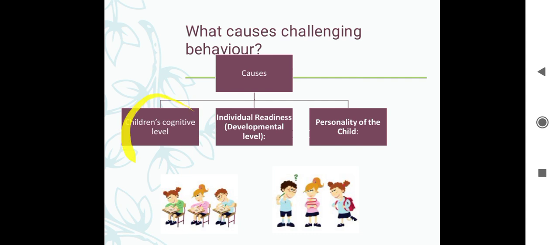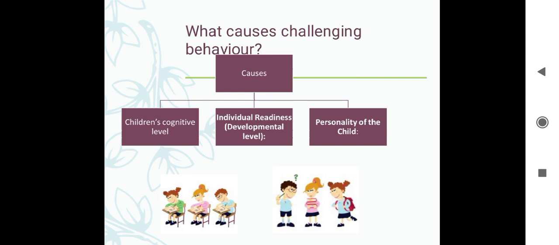But when these things settle, when the readiness develops, when the personality of the children can be changed later on due to maturity, due to the stages when they are ready, this challenge will decrease. It becomes manageable. When it becomes manageable, then we are able to manage the child's behavior.